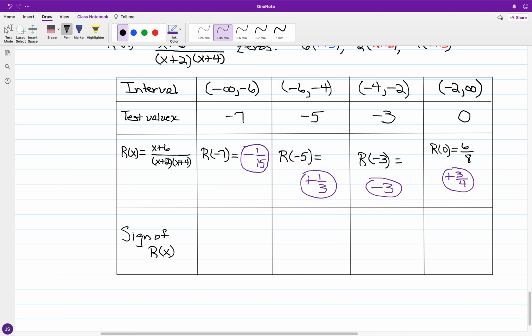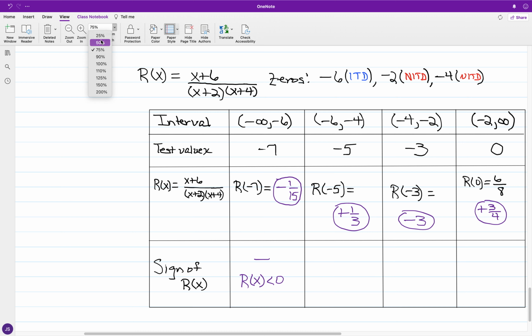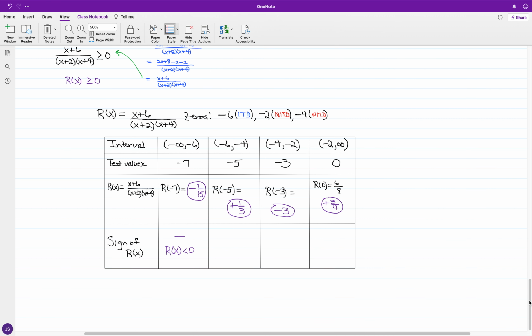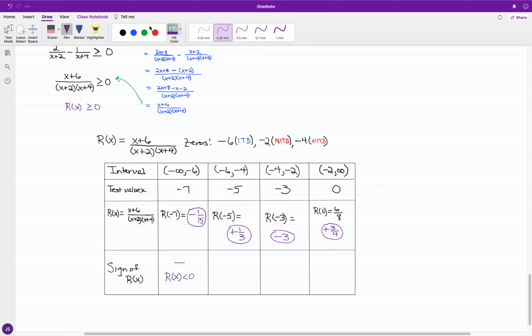So in the case of the sign of R of x, anything I plug in less than negative 6, the output is going to be negative, so we have R of x is less than 0. Then anything greater than negative 6 and less than negative 4, the output is going to be positive, so R of x is greater than 0.